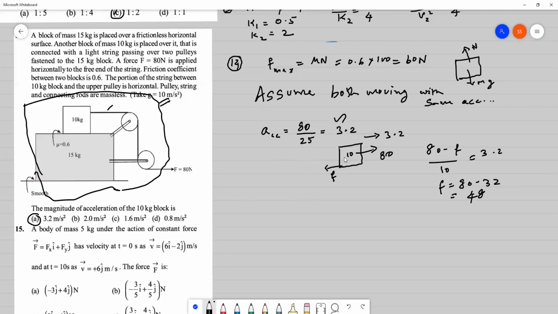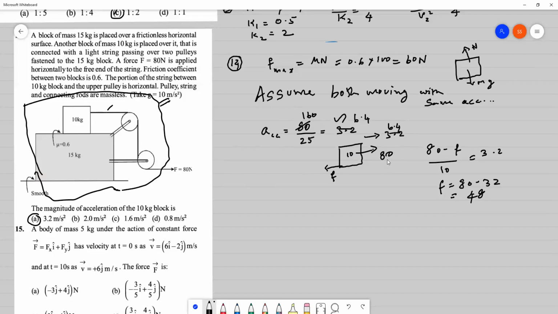Suppose in this problem the applied force is something else, a higher value, say 160 Newton. Suppose I'm doing the other problem. If this is 160 Newton, the acceleration would have been 6.4, so I will substitute 6.4 and check.